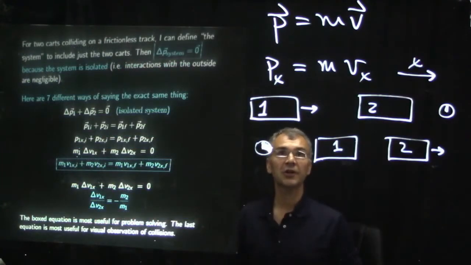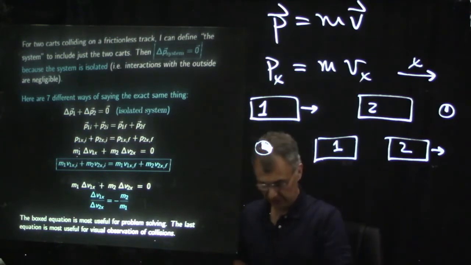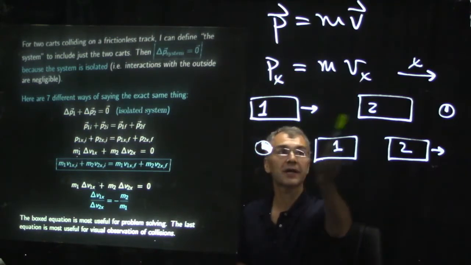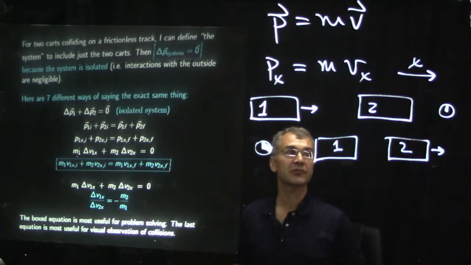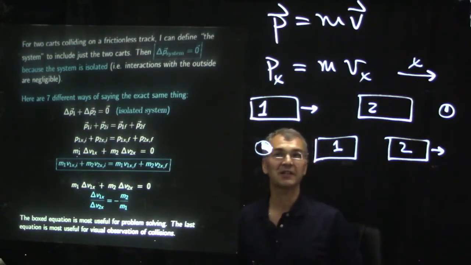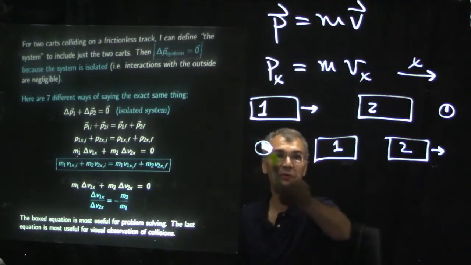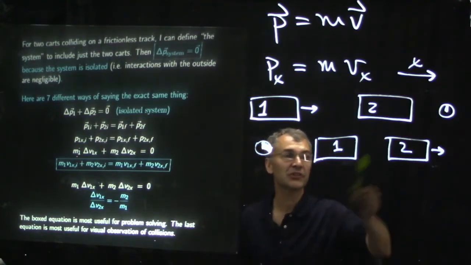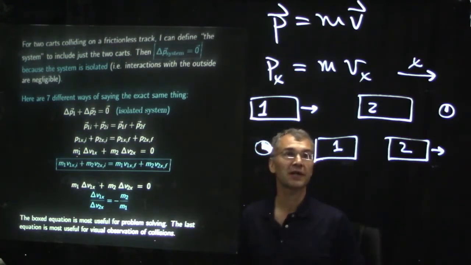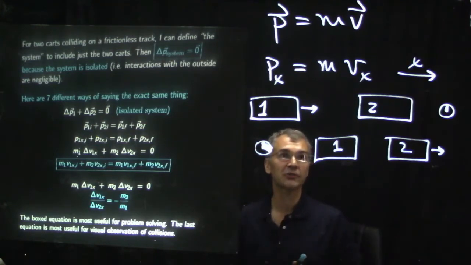So imagine a scenario where initially we have object 1 moving to the right and object 2 standing still. And here's the little clock at midnight. And then later, here's the little clock at 4 p.m., let's say. And later we have object 1 standing still and object 2 moving to the right. And let's say object 1 and object 2 interact only with each other, so they form an isolated system.